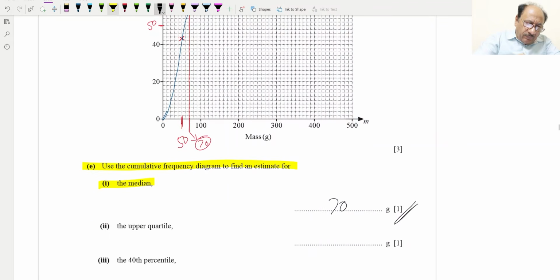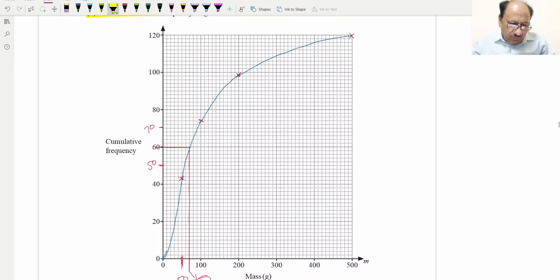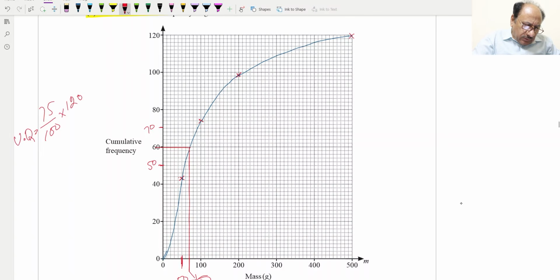And then they are saying the upper quartile range. Upper quartile value will be what? For the upper quartile, we will be calculating the 75th percentile of 120. This will be our upper quartile. So 25 threes are 75, 25 fours are 100, and this will be 90. So for 90, we can count 1, 2, 3, 4, 5.